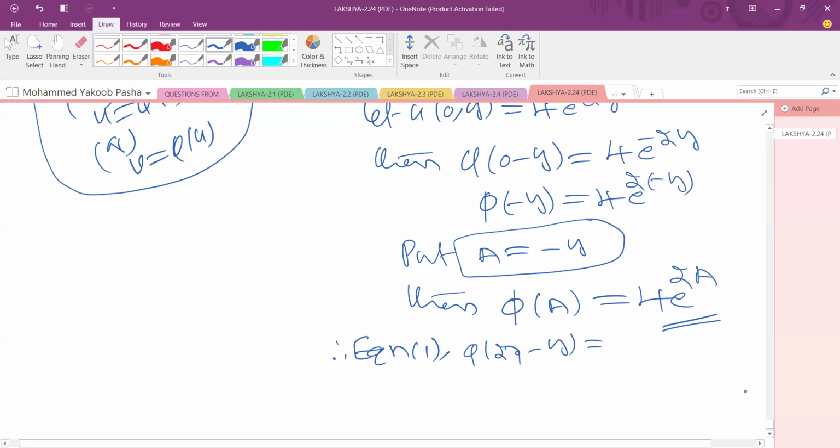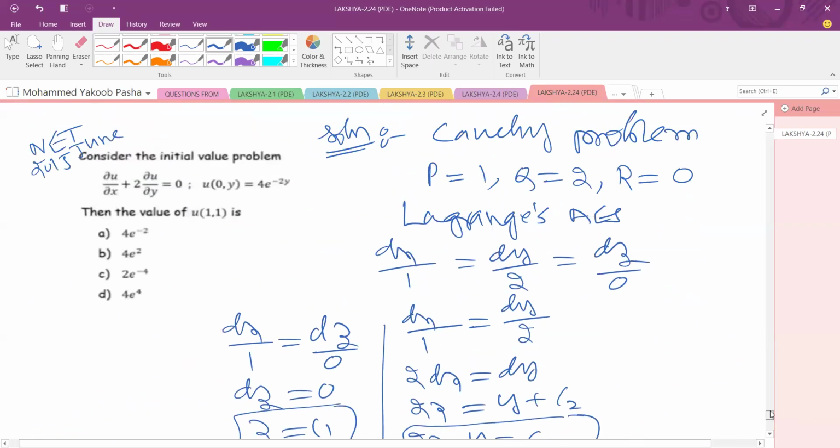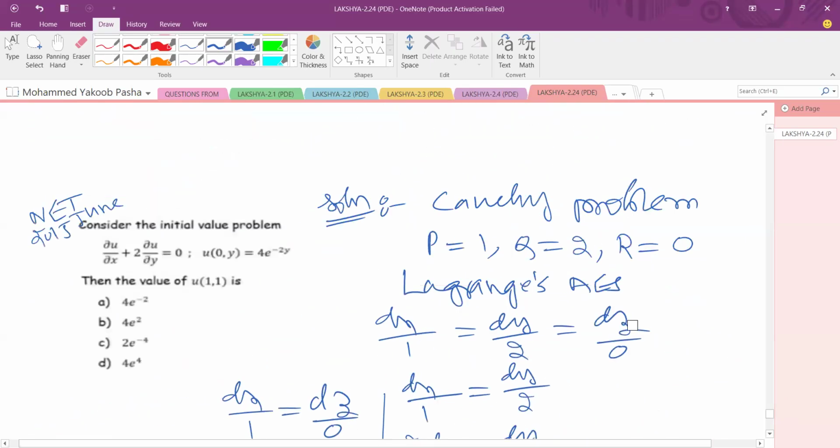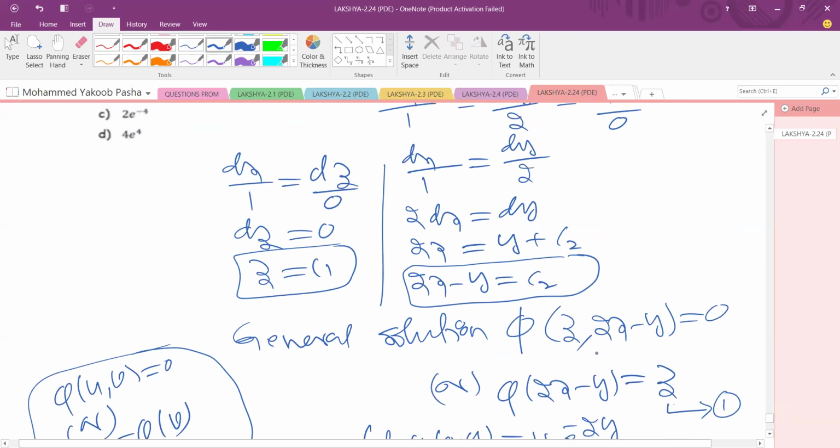is equal to, here not z, actually they gave u, since they said u, here I will write u, don't get confused. This is du, so here also I'm writing u du. So du is equal to 0 means u is equal to c1.